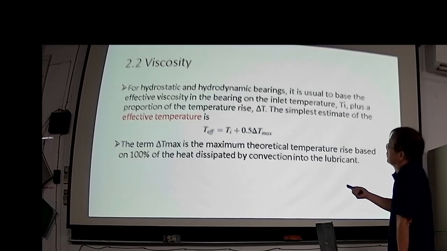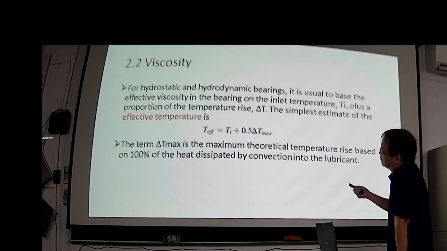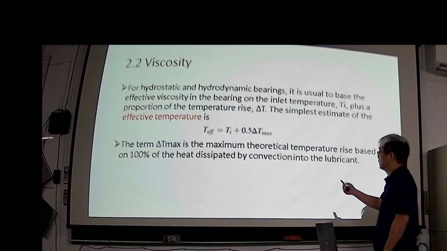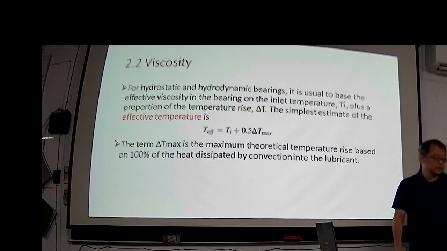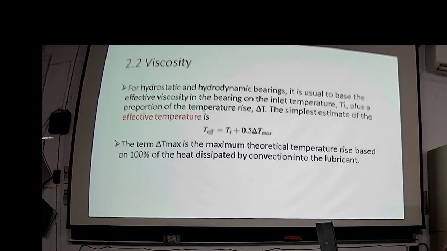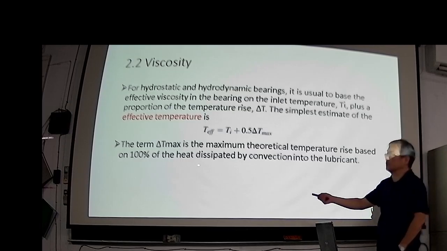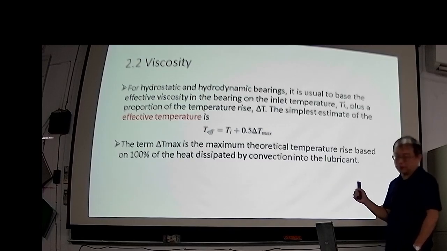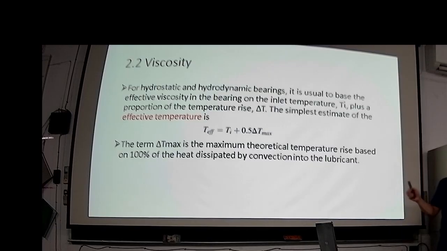We have the initial temperature plus 0.5 multiplied by the delta T maximum. And the delta T maximum is the theoretical temperature rise for the lubricant under the consideration of 100% of the heat dissipation by convection into the lubricant. So we ignore the radiation effect.